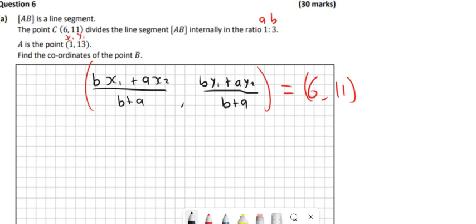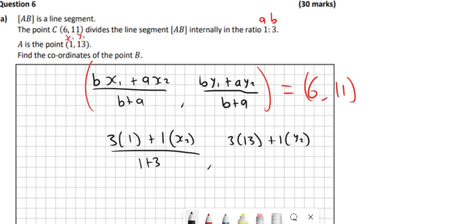Right, summing everything in then, I'm going to get 3 times 1 plus 1 times x2, we'll just leave it as x2 in there, all over 1 plus 3, or 3 plus 1 I should say. Second part, 3 times 13 plus 1 times y2, the same on the bottom again, ending up being 4.